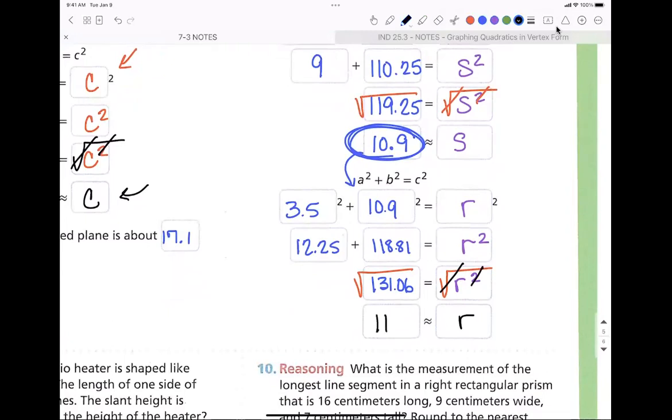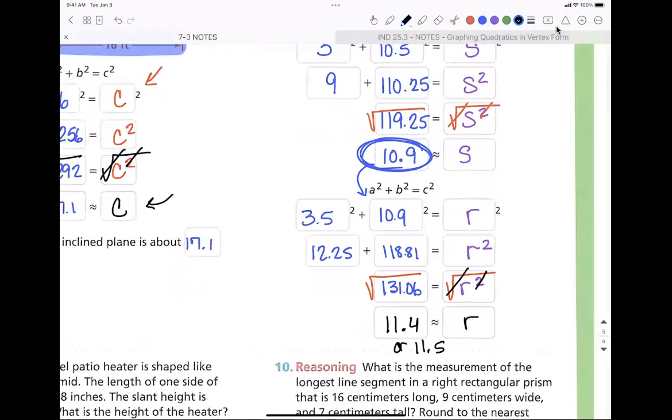Depending on how your calculator rounds, it might be 11.4 or 11.5. I've gotten both answers today, and I think it's because some of the calculators are set to round differently. So I need to go through and reset all the calculators so they all round the same. But if you got 11.4 or 11.5, depending on your calculator, you've got the right answer. And then I need to write what?